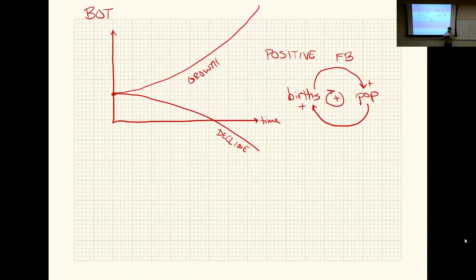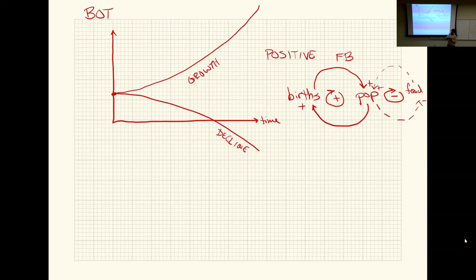But eventually there's going to be positive feedback processes or negative feedback processes that, so I'll just draw a dashed line here, that are going to limit. So as the population gets larger, then maybe the amount of food available is less, but we know that if there was more food, you could have more population. So there will end up being a negative feedback loop that will ultimately limit the positive feedback loop.